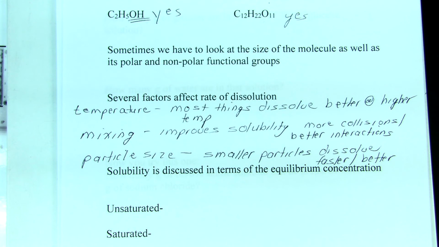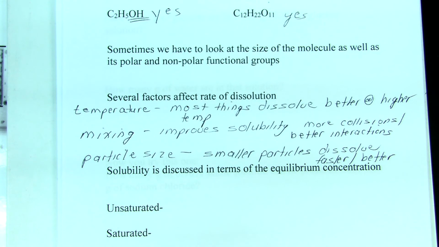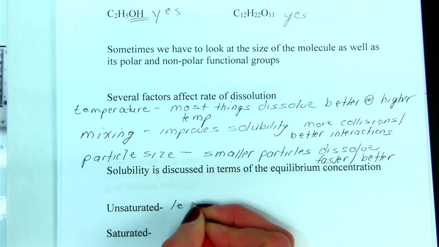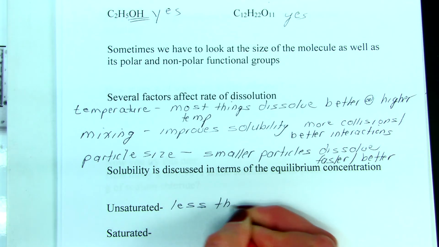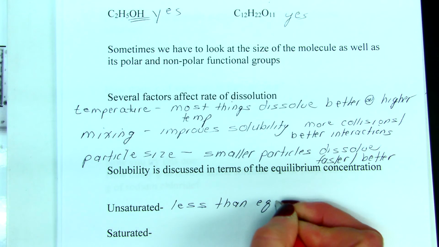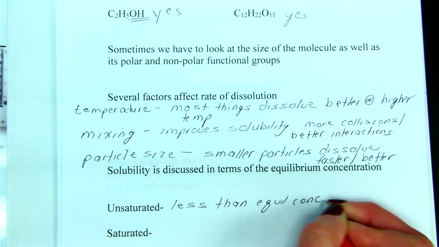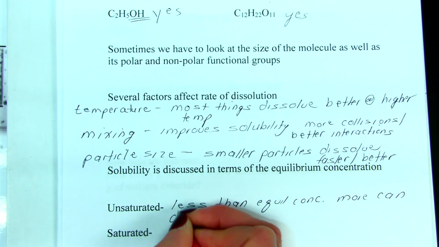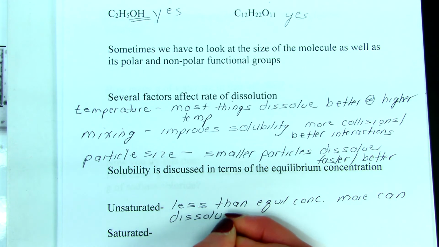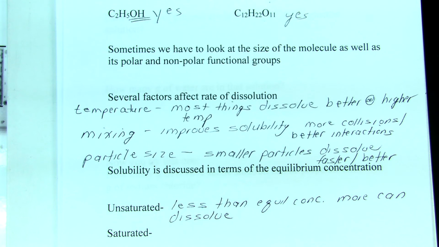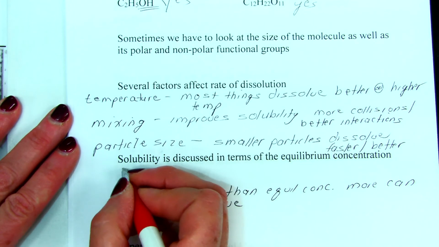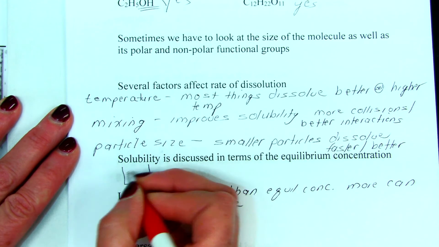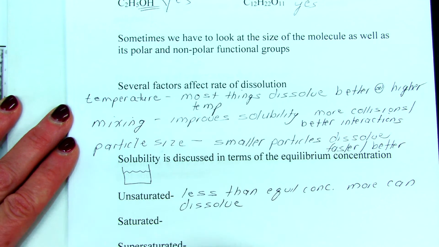But when we talk about this, we have three definitions: unsaturated, saturated, and supersaturated. Unsaturated means that we have less than the equilibrium concentration. So more can dissolve. Now, what does this look like to our naked eye? Well, if I had 3 containers sitting there, and the first one is unsaturated, let's talk about just dissolving sugar in water.